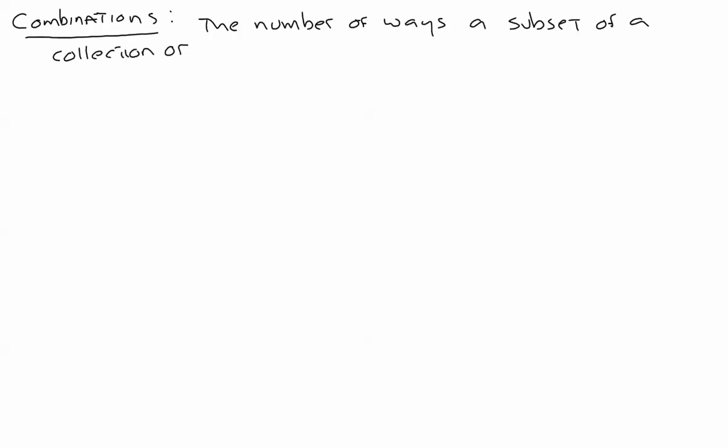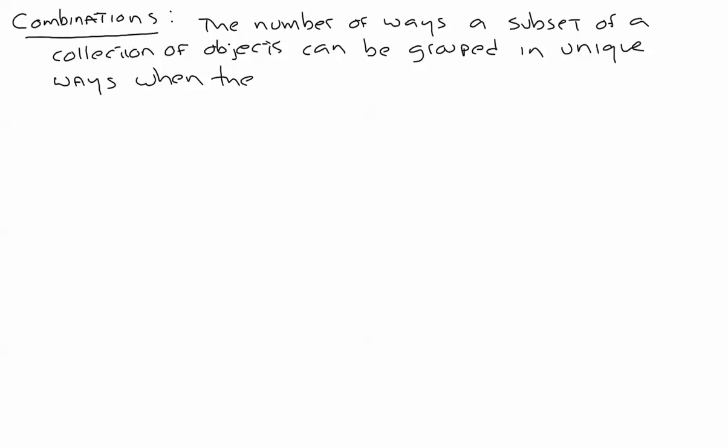This is the number of ways a subset of a collection of objects can be ordered, or not ordered, can be grouped in unique ways when the order does not matter.